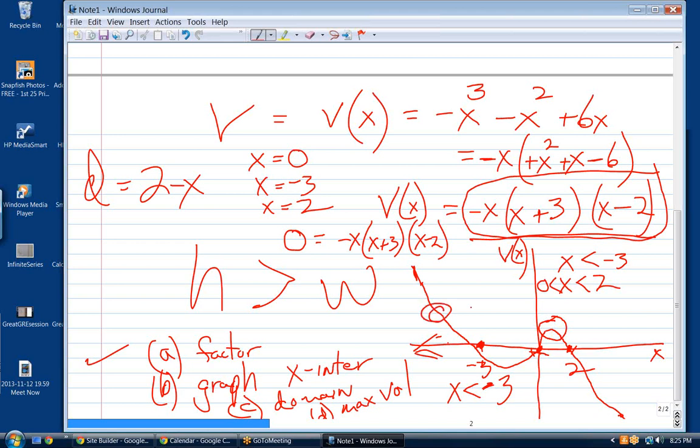In other words, over here is higher. But x is restricted. X is not going to be able to be what it needs to be for this value right there. We can't have an x of minus 5.